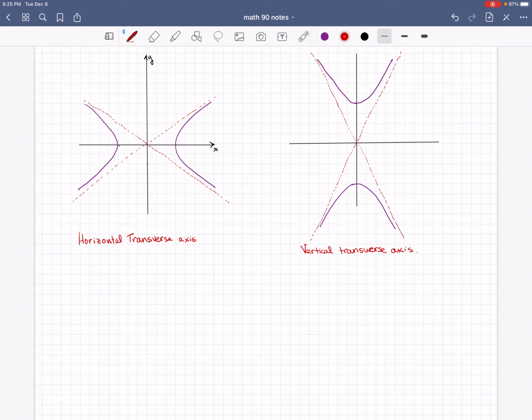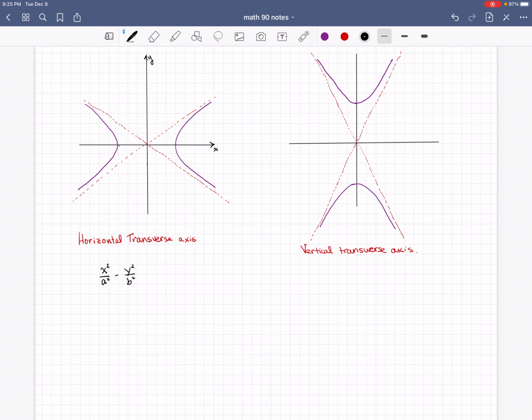Okay. So now for the equation. So I'm going to go ahead and skip straight to the equation, and then we'll talk about the particulars. So the equation of the hyperbola on the left is x squared over a squared minus y squared over b squared. Okay? So let me label a few points here.